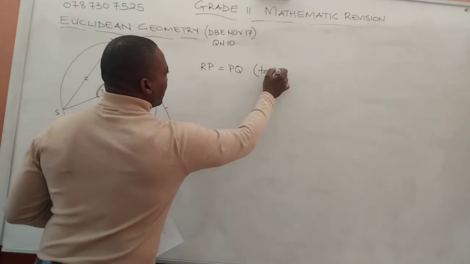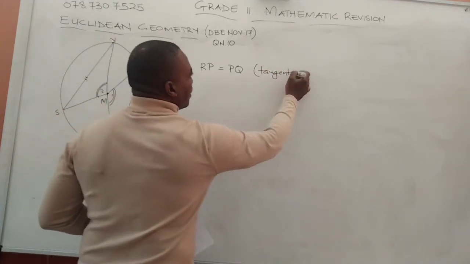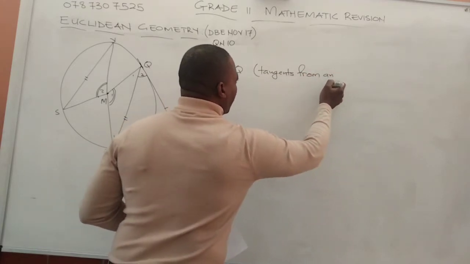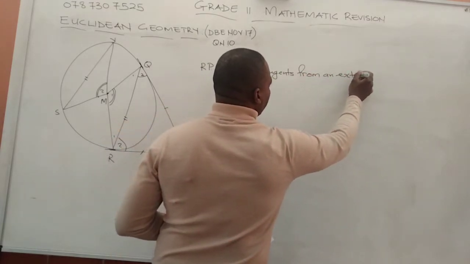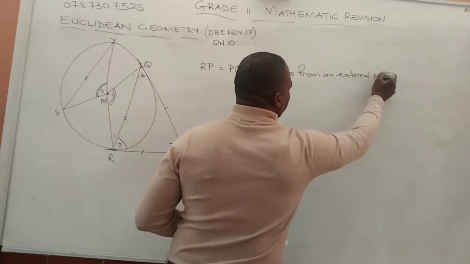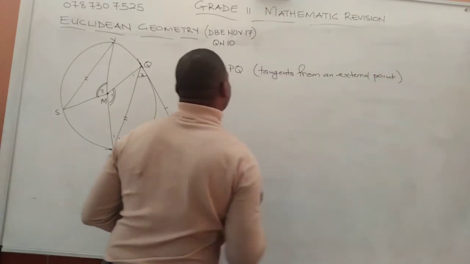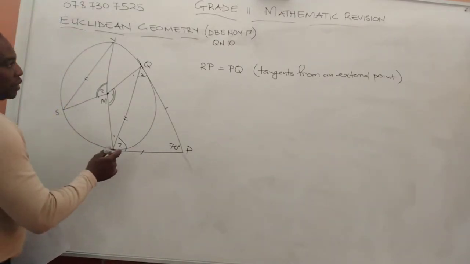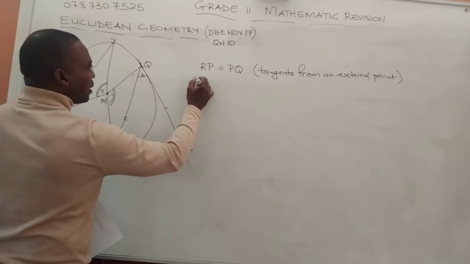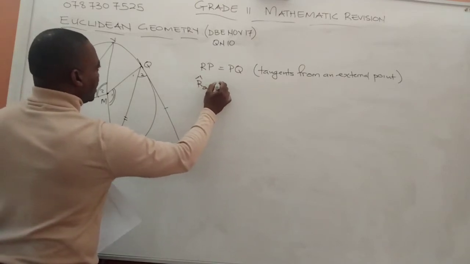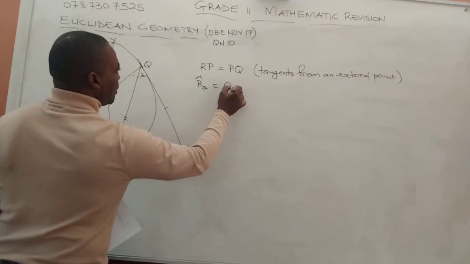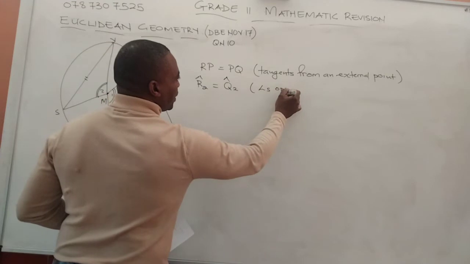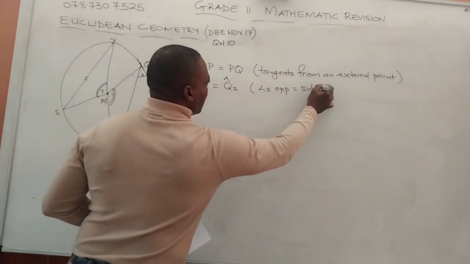These are tangents from an external point. Alright, so which brings us to say angle R2 is equal to angle Q2. These are angles opposite equal sides.